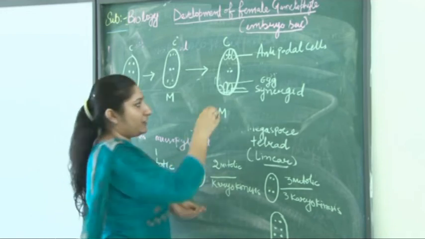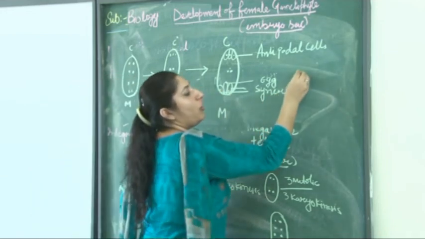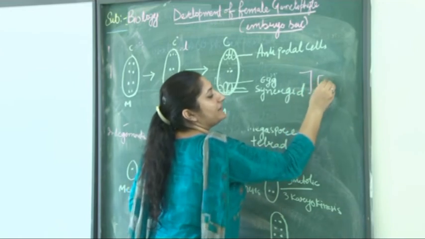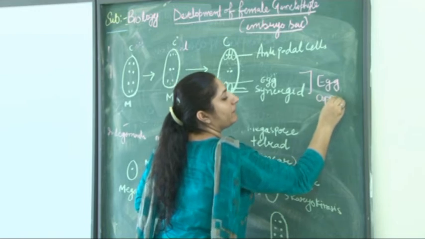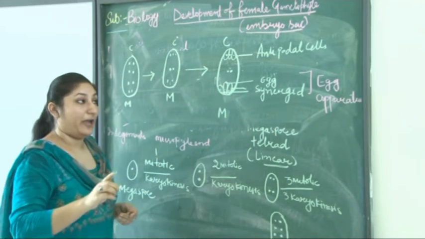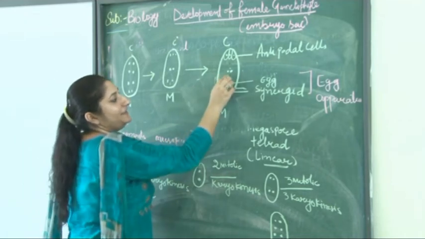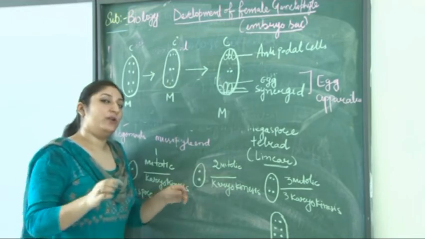Collectively, this structure, two synergids and a center egg, is called the egg apparatus. All these cells are haploid, and in the center there are two nuclei present. These are called polar nuclei.